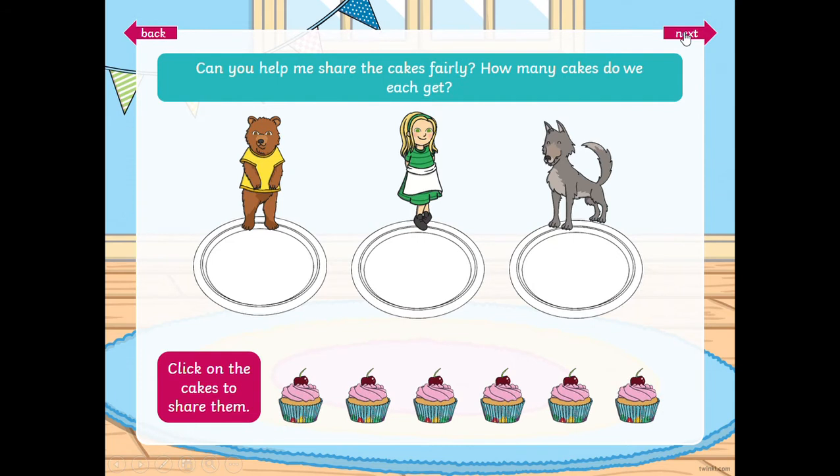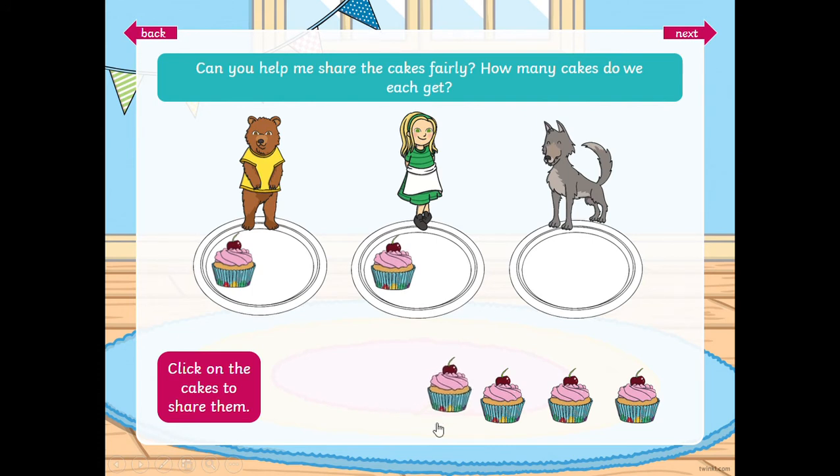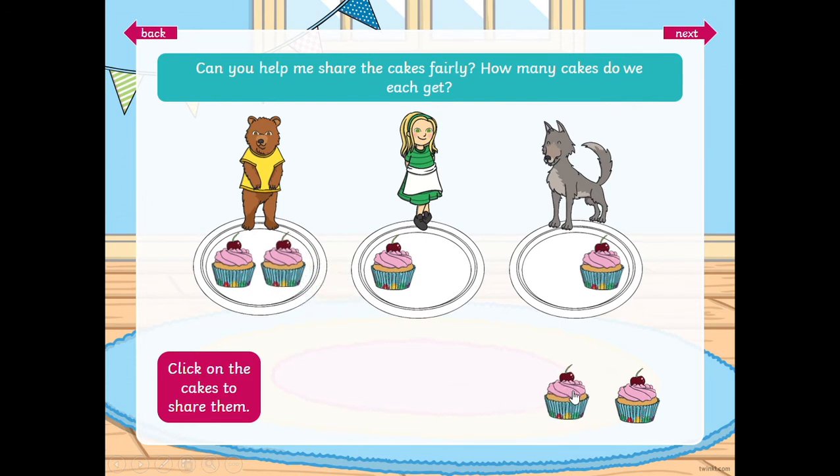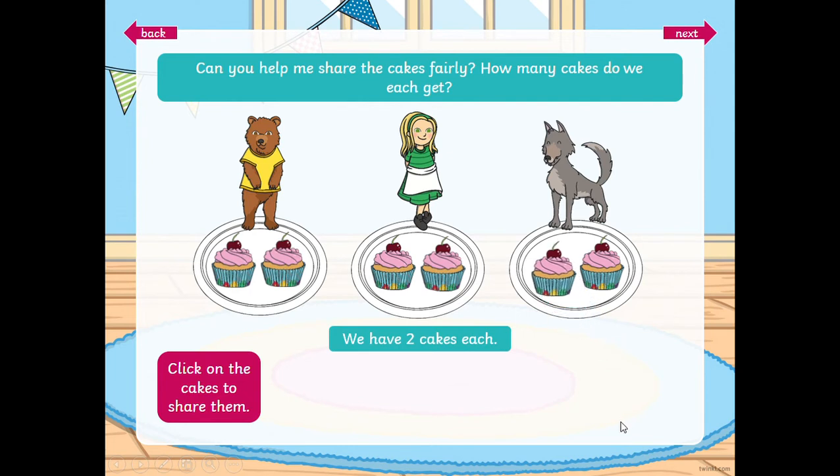Well done. Now, let's see if we can share them equally this time. Are you ready? 1 for Baby Bear, 1 for Goldilocks, 1 for the big bad wolf, 1 for Baby Bear, 1 for Goldilocks, and 1 for the big bad wolf.